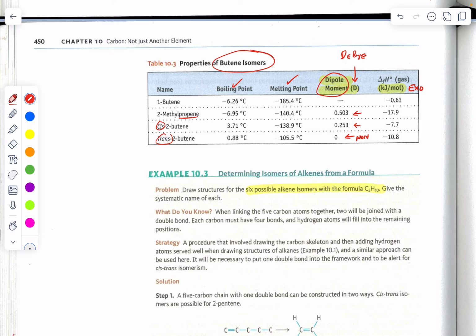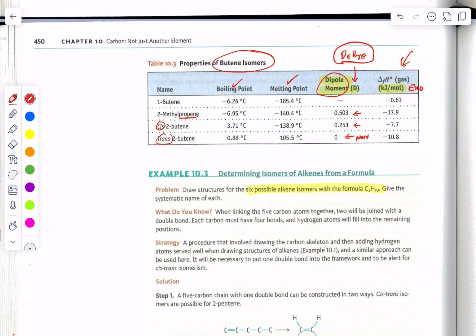Now the D here is named after Peter Debye, a chemist, and it's the unit of the strength of the dipole moment. You may see that on an AP test, just so you know what it is. And then we can talk about the amount of energy per mole that it takes to form this compound.